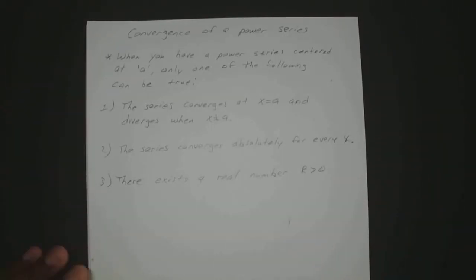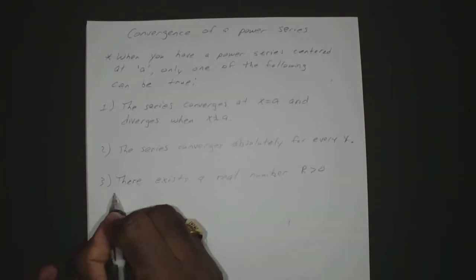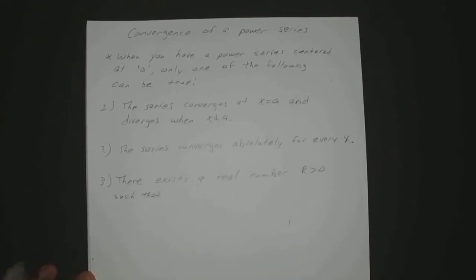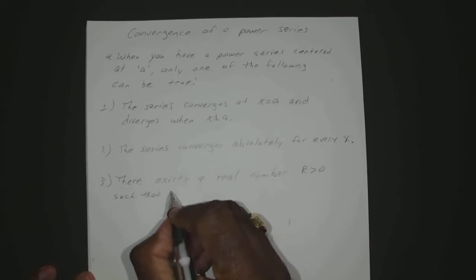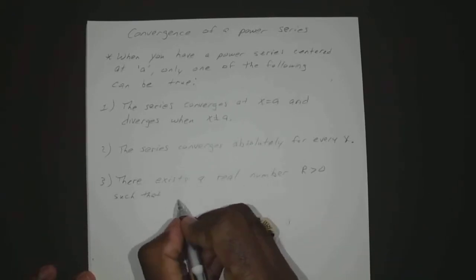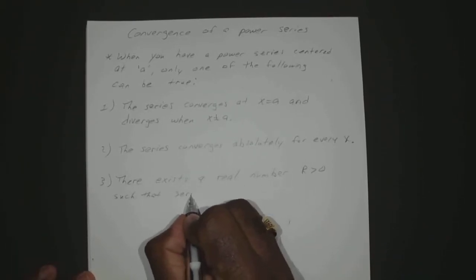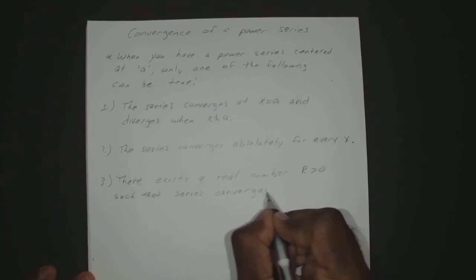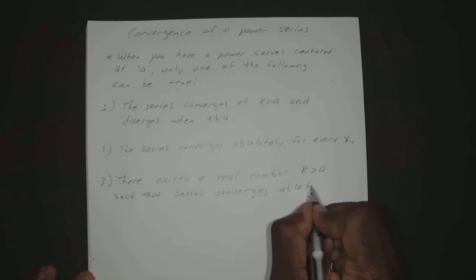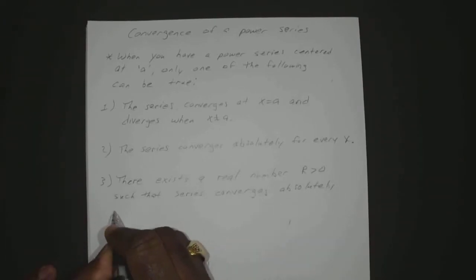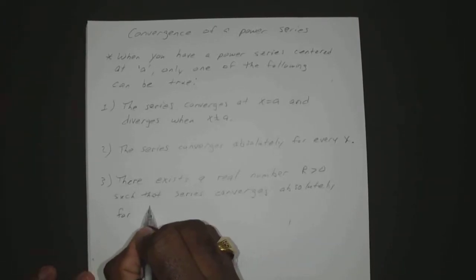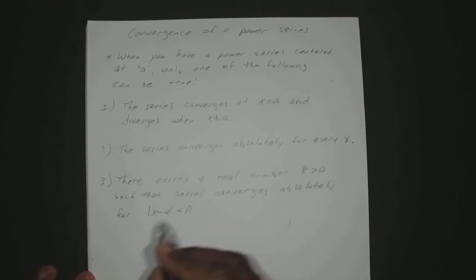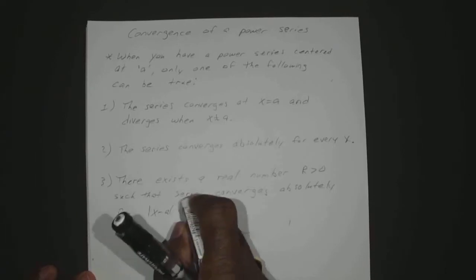And it's greater than 0. So you have some positive real number such that the series converges absolutely for a specific circumstance. The series converges absolutely for the absolute value of x minus a is less than r.